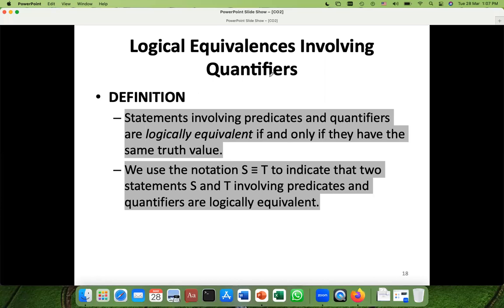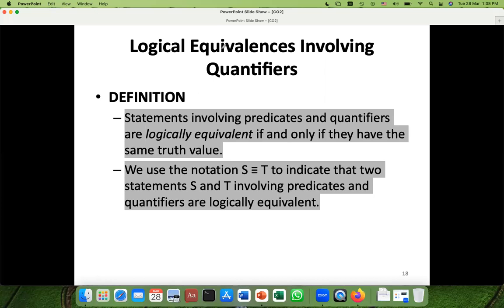The second way is to take the first proposition and, by replacing statements with other statements, finally reach proposition 2, and then you can say they are logically equivalent.